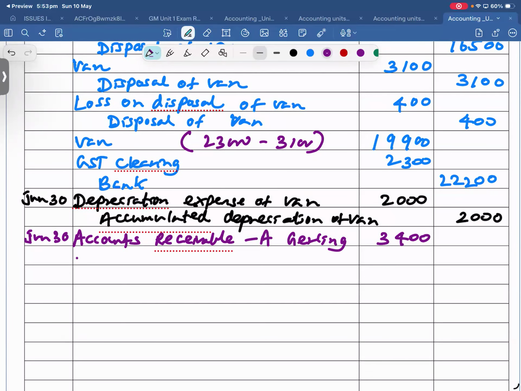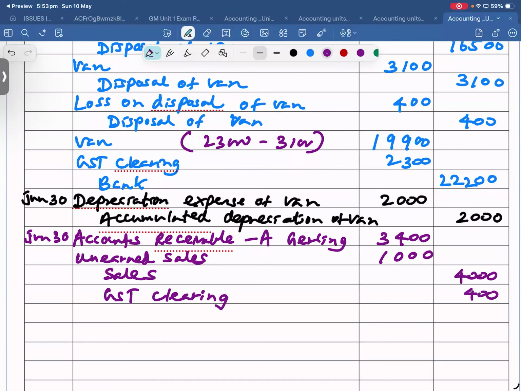And then you debit unearned sales, 1,000. And then sales 4,000. GST clearing 400.